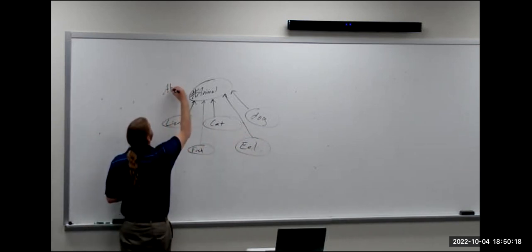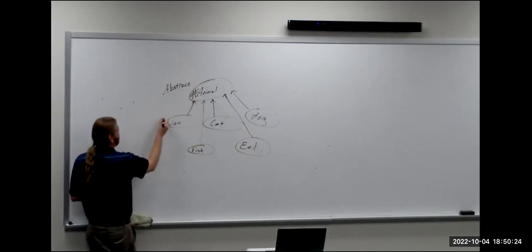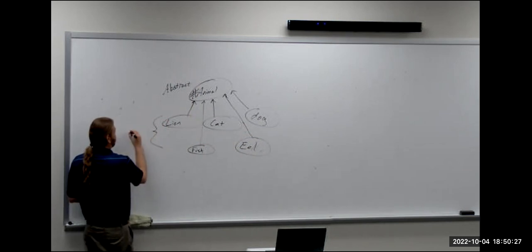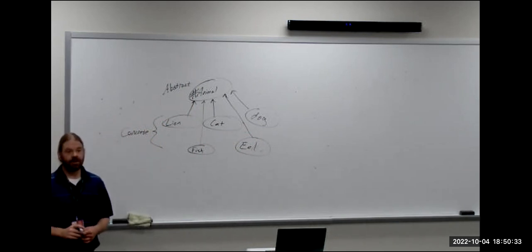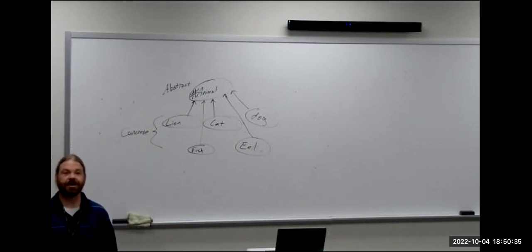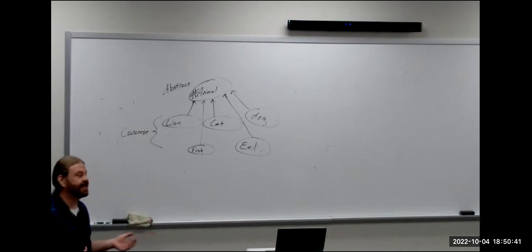So our parent is abstract, but all of our child objects will be concrete. So a couple more vocab terms there. Concrete objects, concrete classes are the ones we can instantiate and make objects out of. They're solid, they're complete, they're finished.